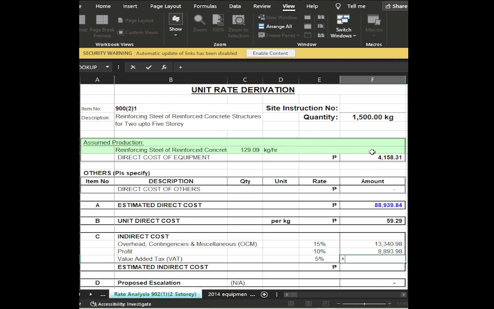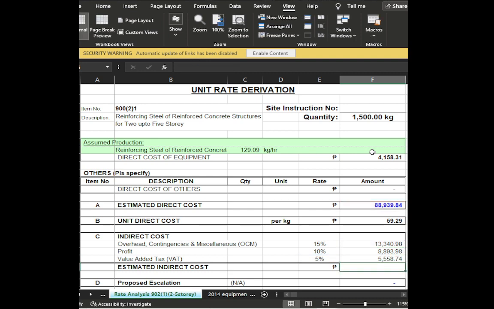Okay, so this one is 5% times total direct cost plus overhead or OCM, then we have profit. So we have a VAT of 5,550.